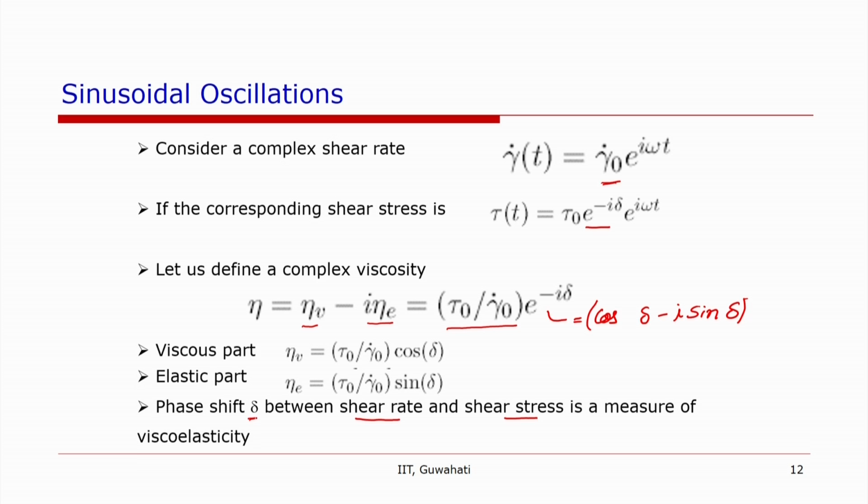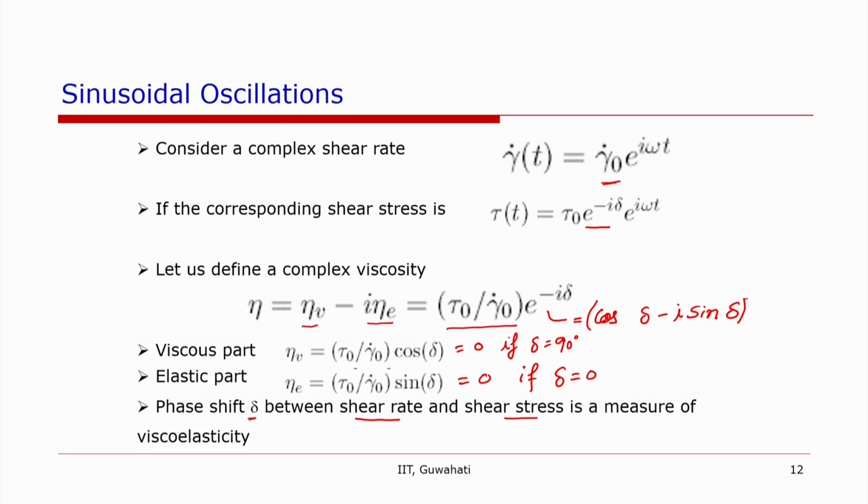If delta is 0, then the sin delta term will be 0, and it is a viscous fluid. The cos delta term will be 0 if delta is 90 degrees, and in between the fluid will behave as a viscoelastic fluid.